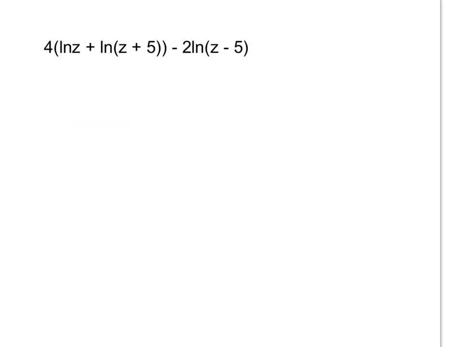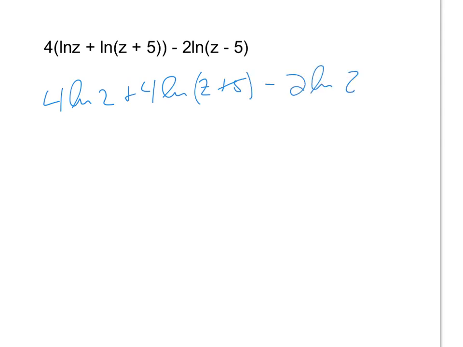This one looks complicated. Okay, it's already expanded, so I'm going to condense it. First thing I'm going to do is distribute my 4. So I have 4 ln z plus 4 ln of z plus 5 minus 2 ln of z minus 5.